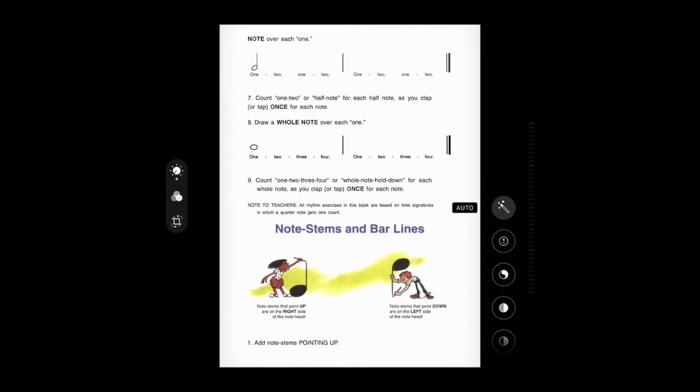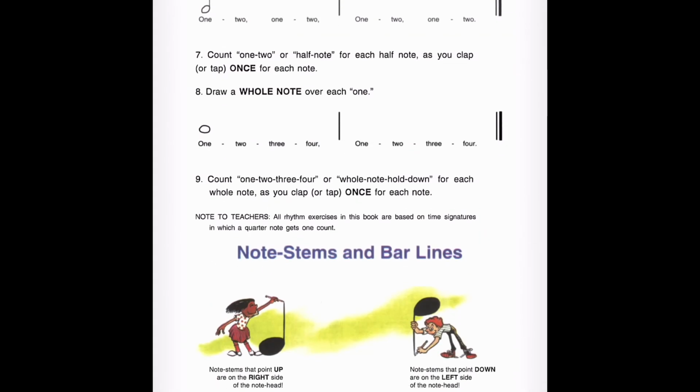So we're going to start with drawing that half note over each word, the word 1. Got to move that bar out of the way so you can see what I'm doing. So you see where they drew the first one in for you, over that 1. But it gets 2 beats, so it's going to go for both of those. And we'll talk about that a little more in 2. So we're just going to finish drawing in each half note. We have 4 half notes in total.